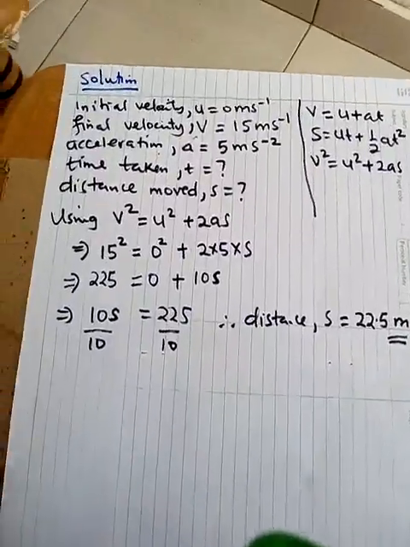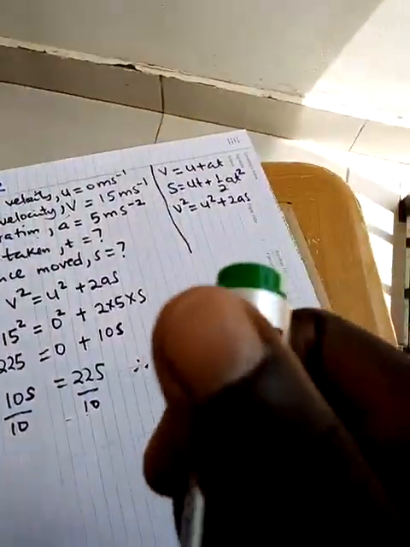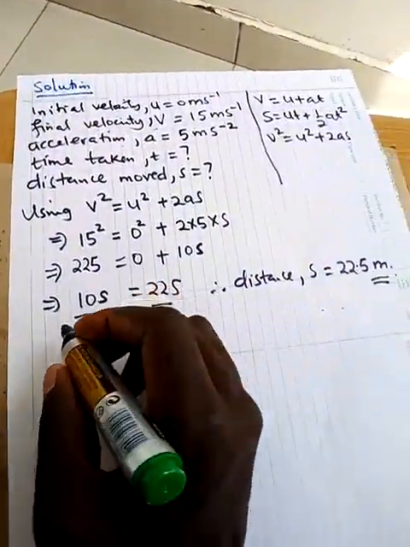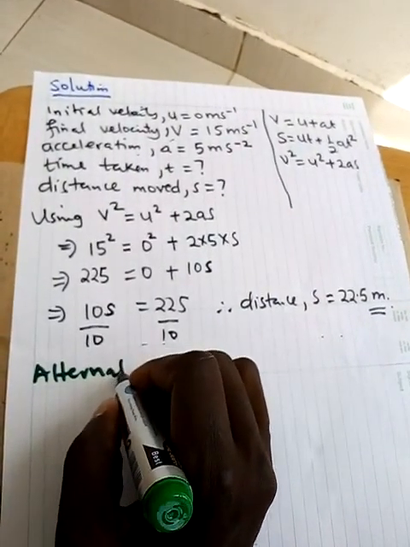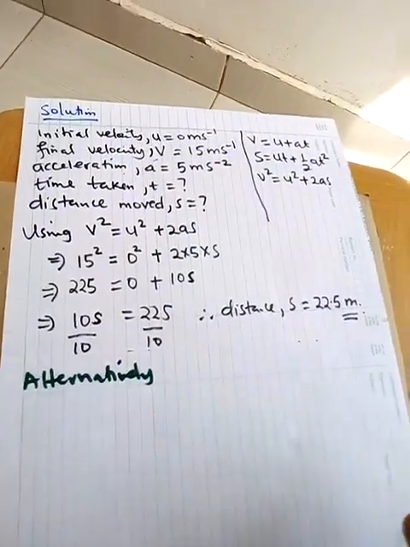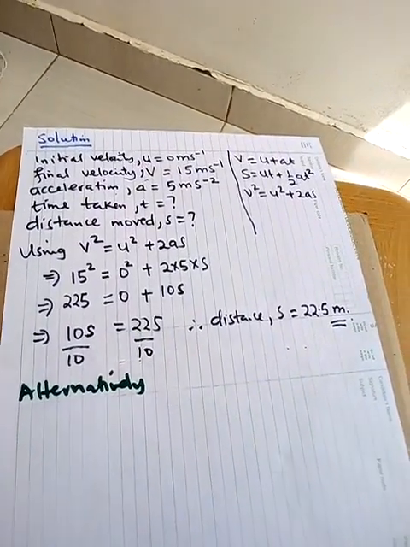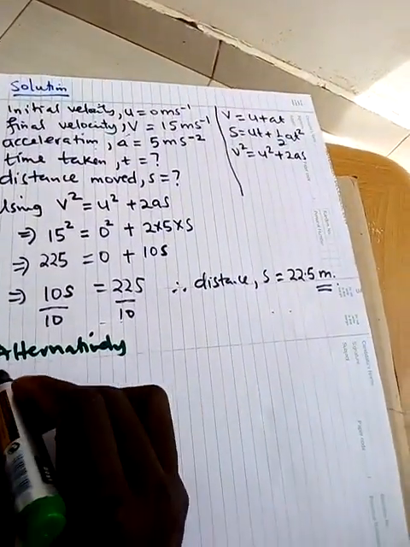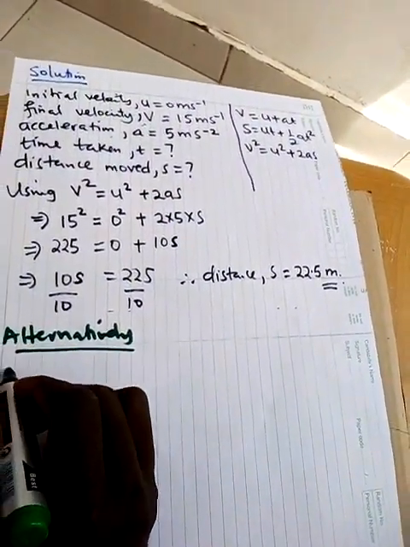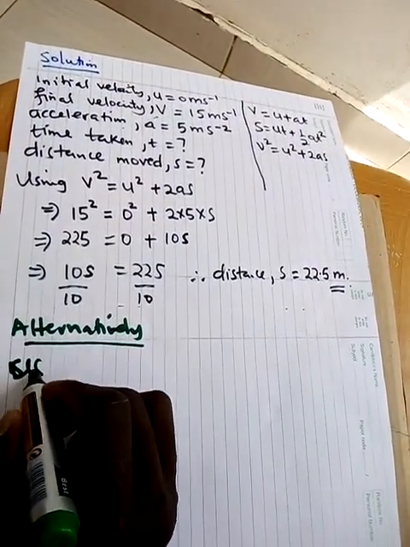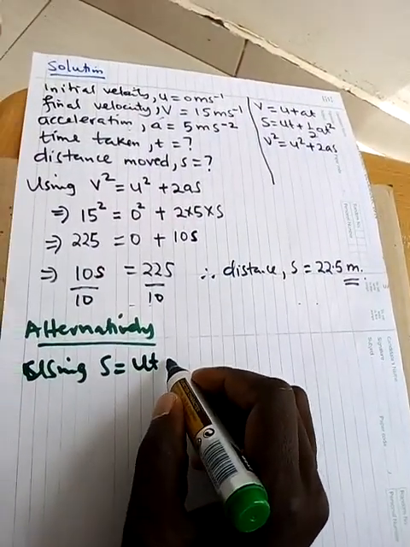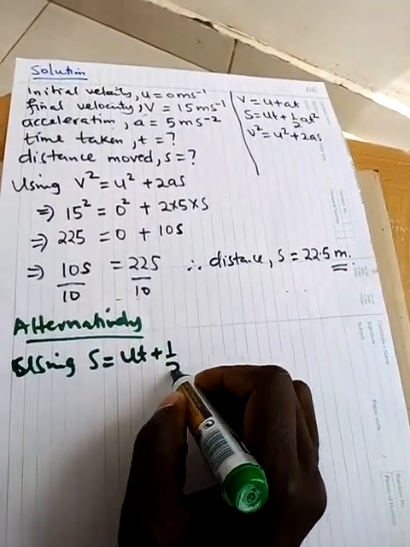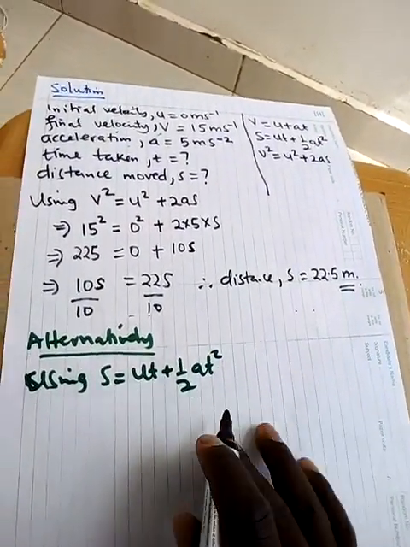Okay, I promised to give you the alternative way. So alternatively, you can say that using S is equal to UT plus a half AT squared.